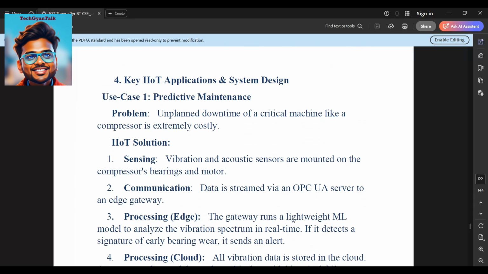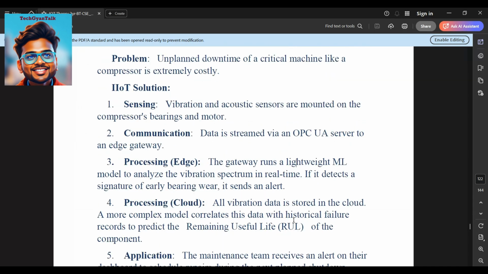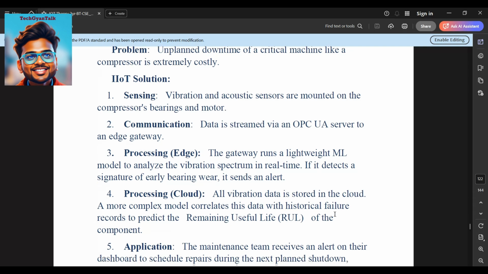Communication: data is streamed via OPC UA servers to an edge gateway. Processing at the edge: the gateway runs lightweight ML models to analyze the vibration spectrum in real time. If it detects a signature of early bearing wear, it sends an alert. Processing in the cloud: all vibration data is stored in the cloud.